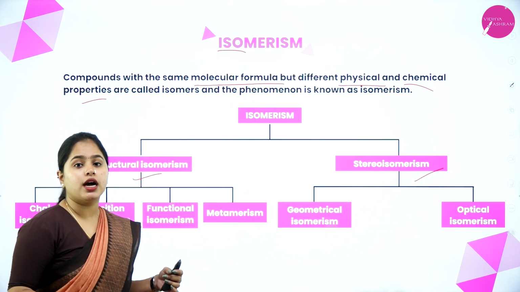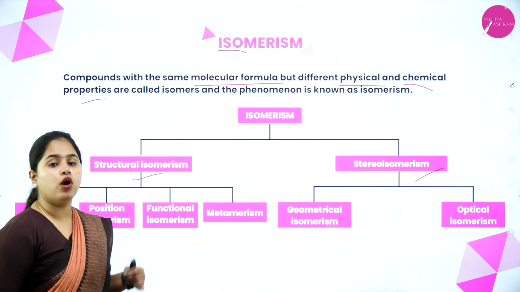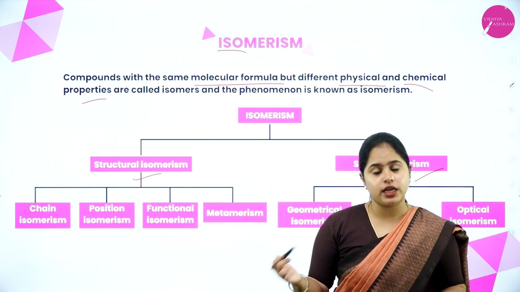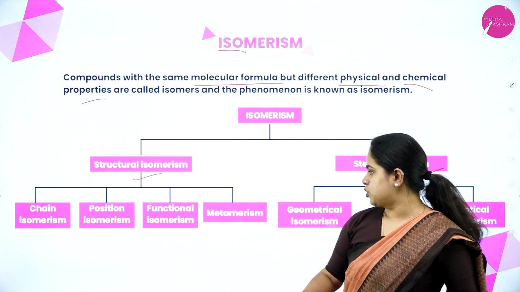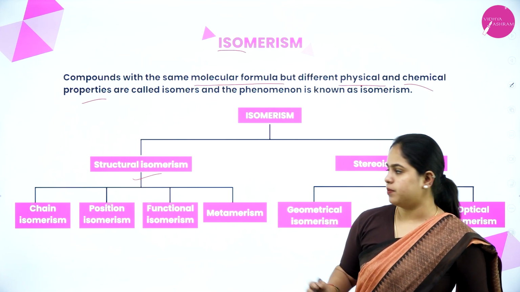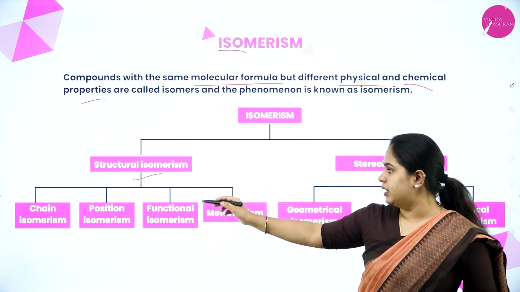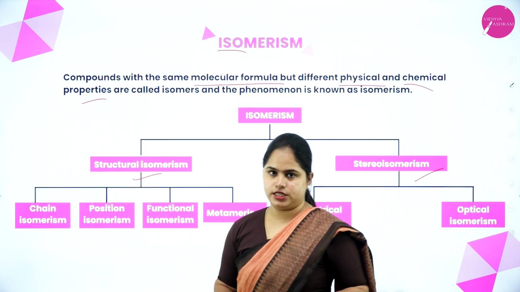In structural isomerism, you can find 4 subdivisions: chain isomerism, position isomerism, functional isomerism and metamerism. So chain, position, functional and metamerism come under structural isomerism, right?